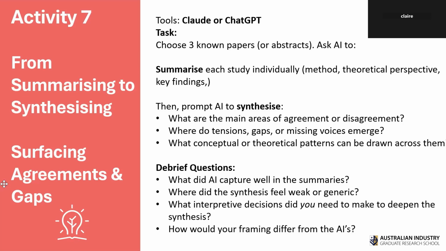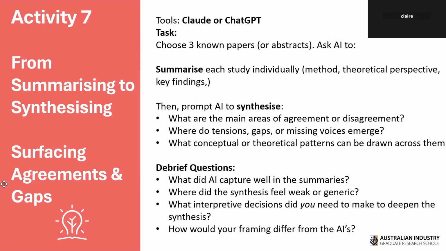But really think about, with your AI tool, is it more likely to summarize? And in terms of synthesizing, what are the ways that you could prompt it to do that? We could ask, what are the main areas of agreement or disagreement? Where do tensions, gaps, or missing voices emerge?